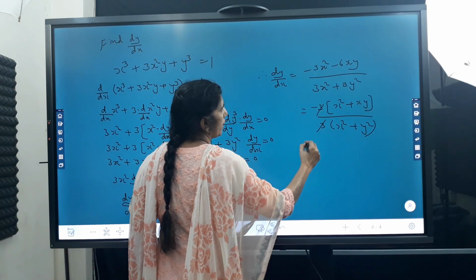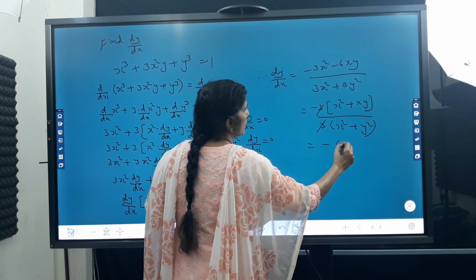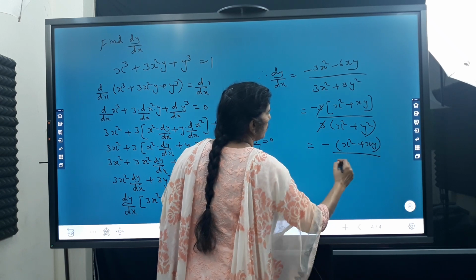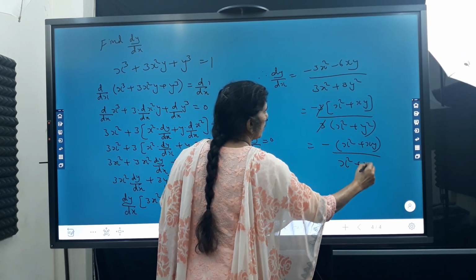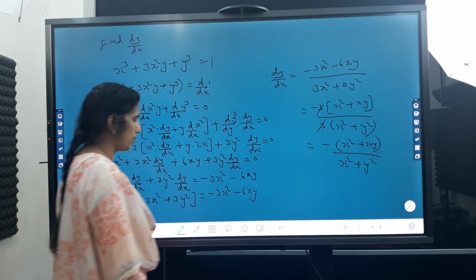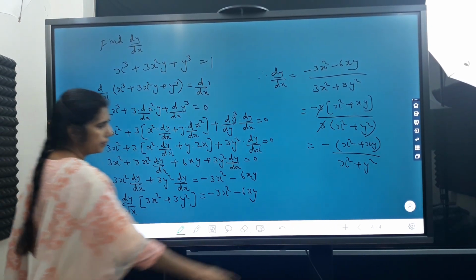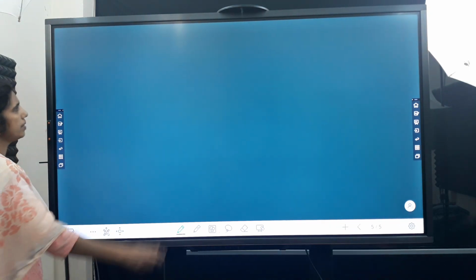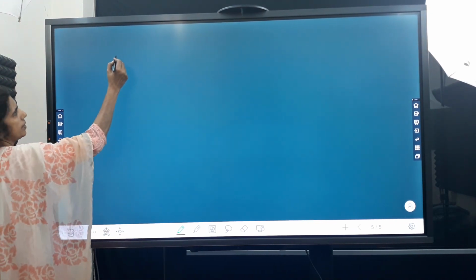Cancel the common factor. So it is minus of x square plus xy divided by x square plus y square. So let us take another different example.